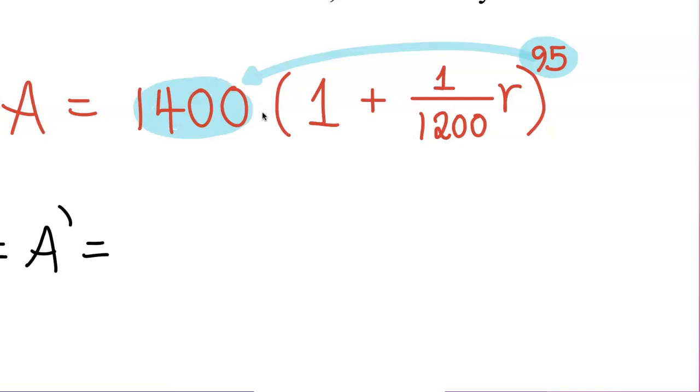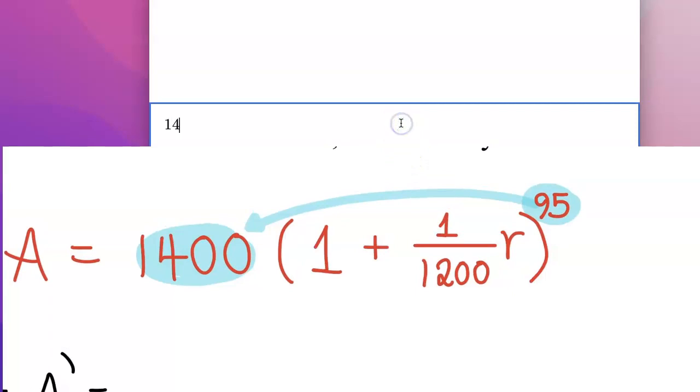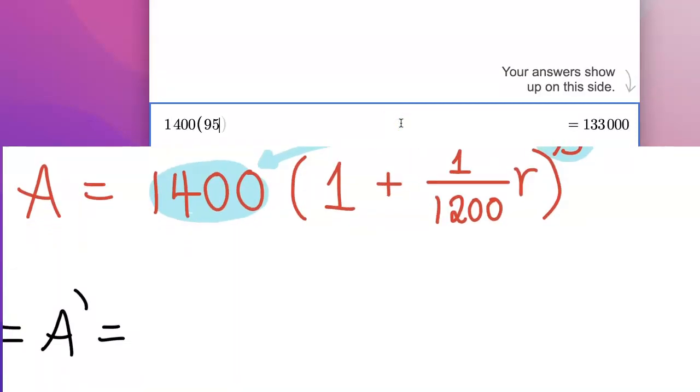Let's multiply those two. Open up a scientific calculator. So I'll do 1400 times 95. We get a big number, 133,000.